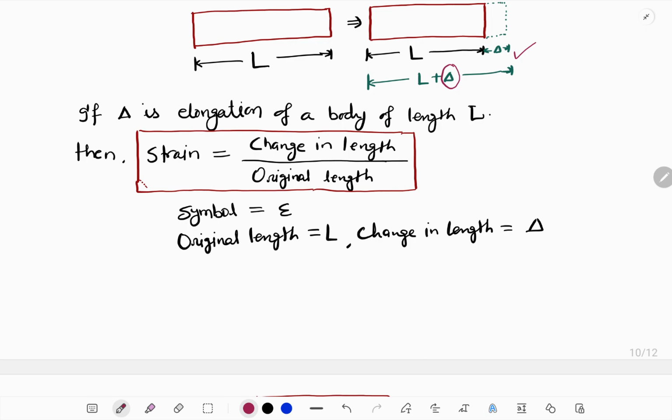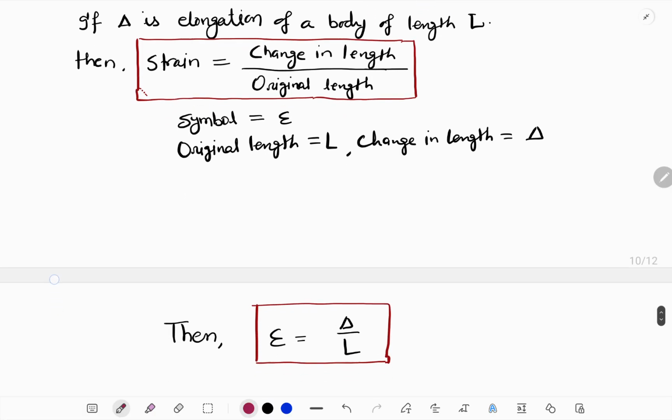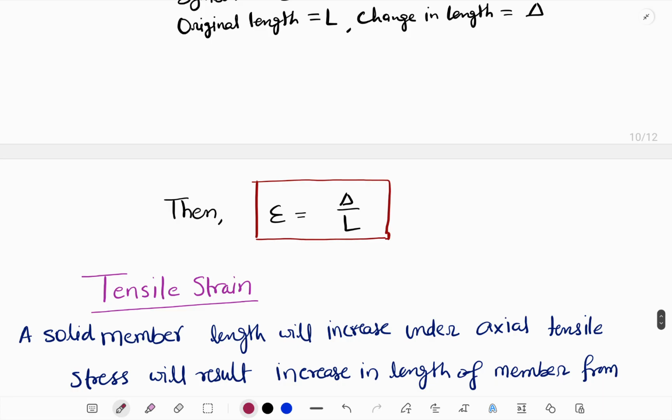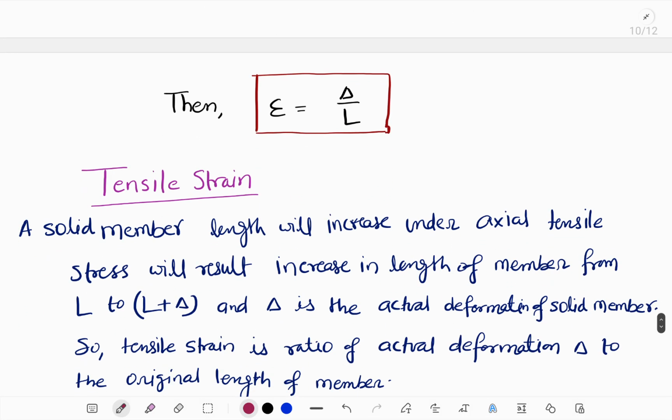Original length is L, change in length is delta. So finally epsilon is equal to delta by L, meaning change in length divided by original length.